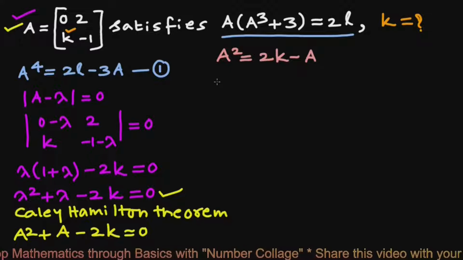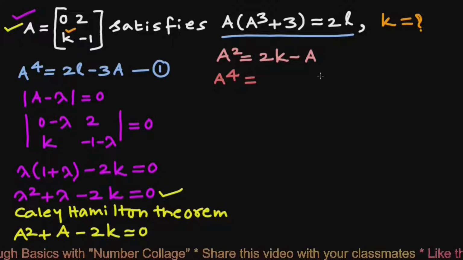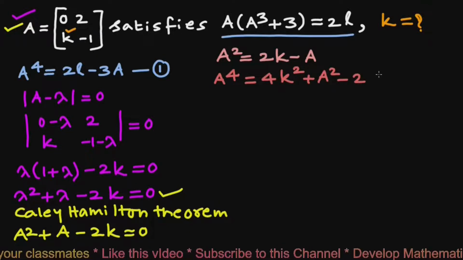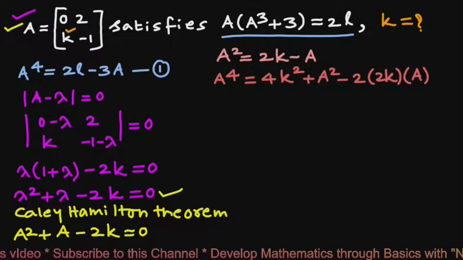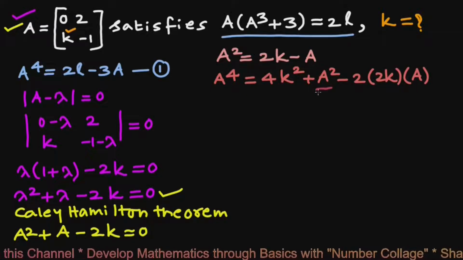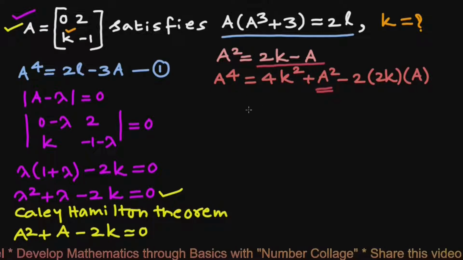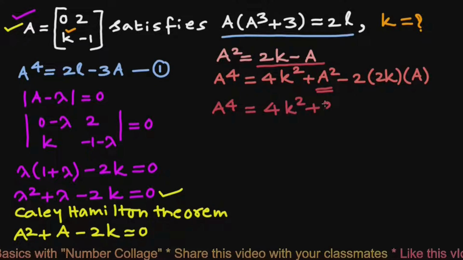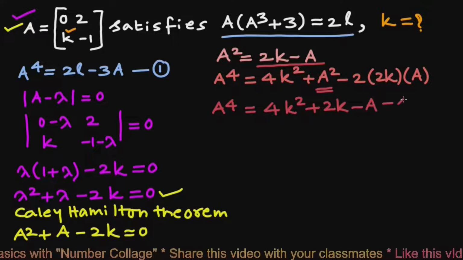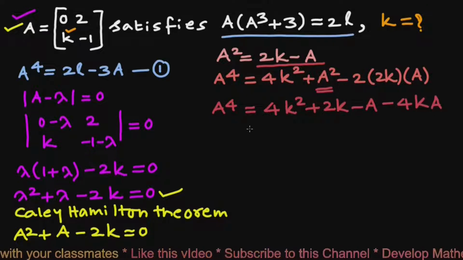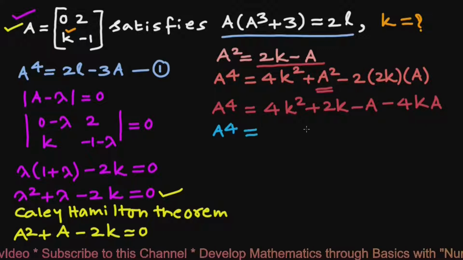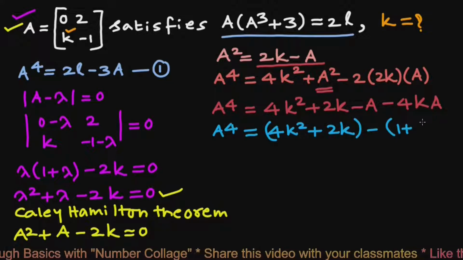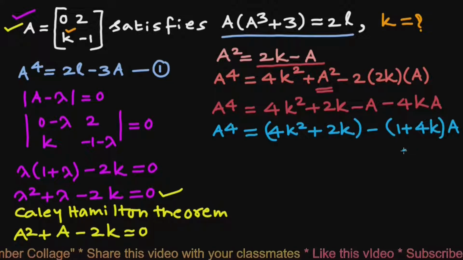Squaring this, we get A raised to 4 equals 4k squared I plus A squared minus 2 times 2k into A. Here we will replace this A squared by 2kI minus A and write A raised to 4 equals 4k squared I plus 2kI minus A minus 4k into A. That will be A raised to 4 equals (4k square plus 2k) I minus (1 plus 4k) A. We name this equation 2.